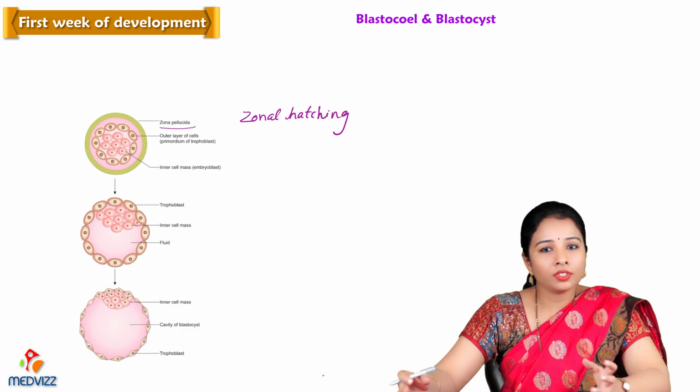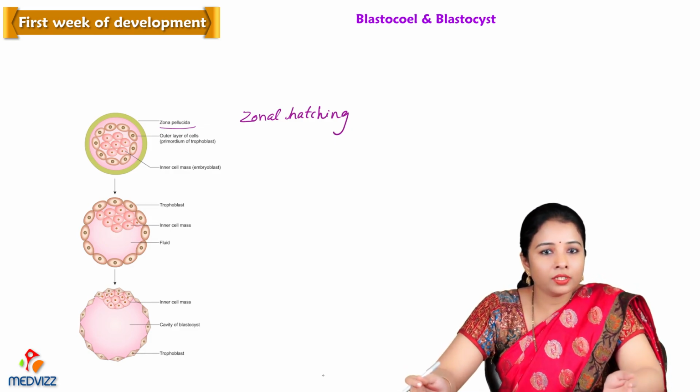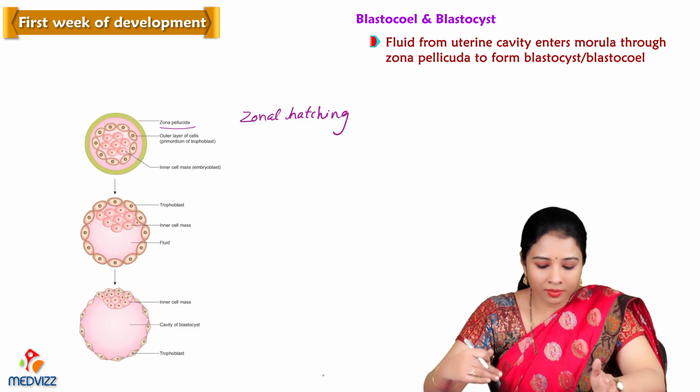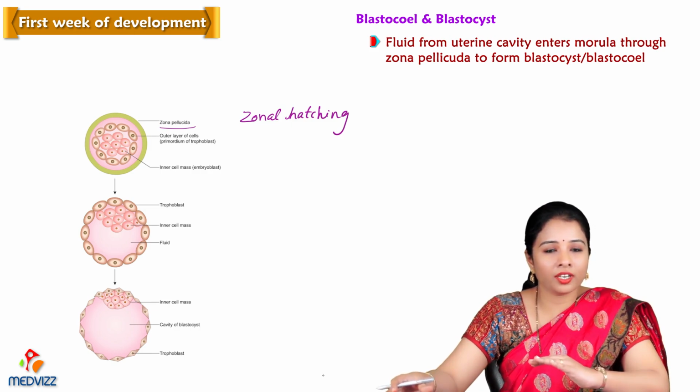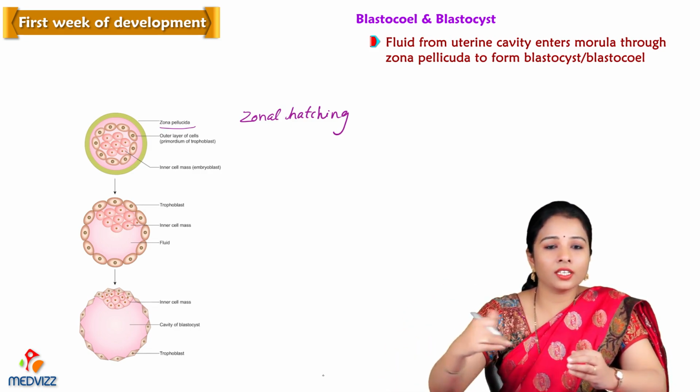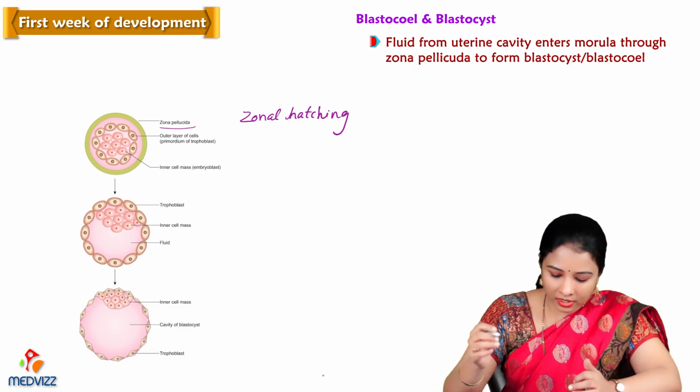What happens after the disappearance of the zona pellucida? The fluid present within the uterine cavity, because the morula is now in the uterine cavity, starts entering in between the cells.